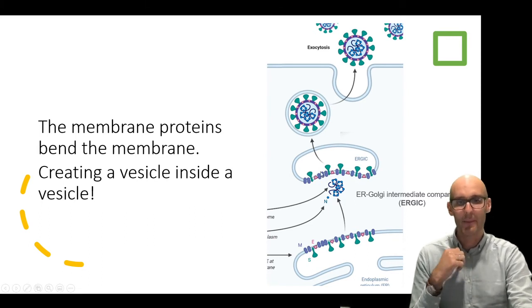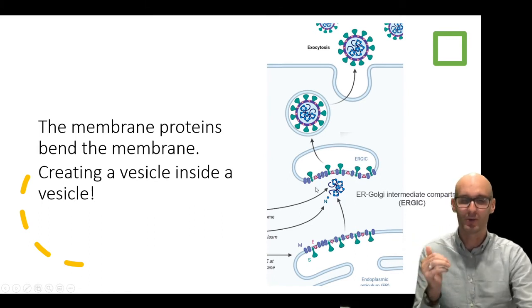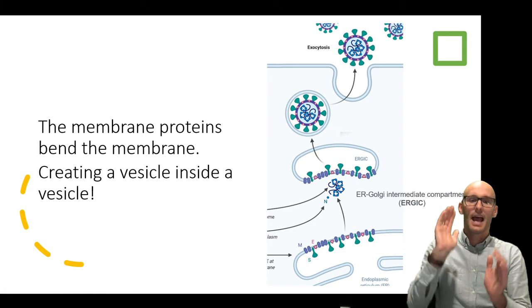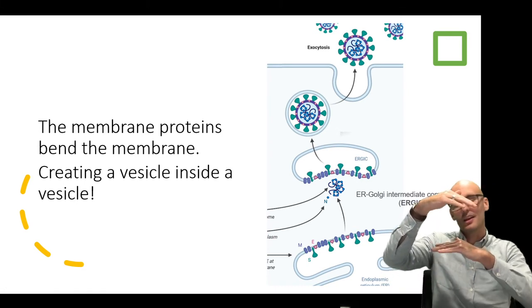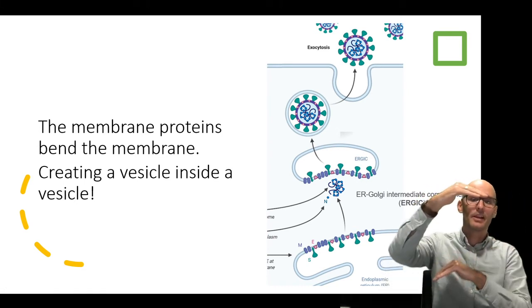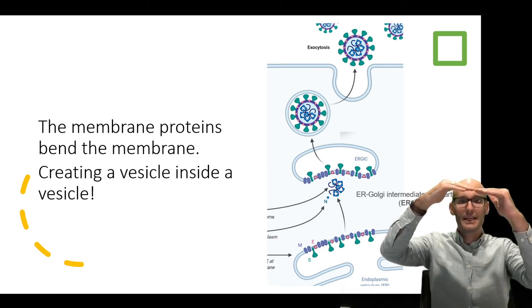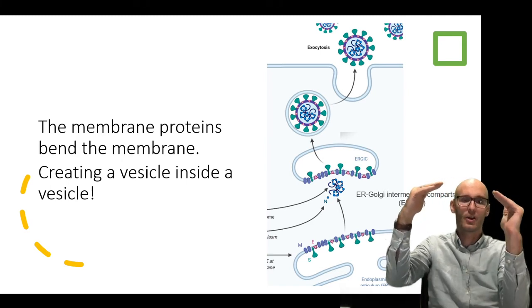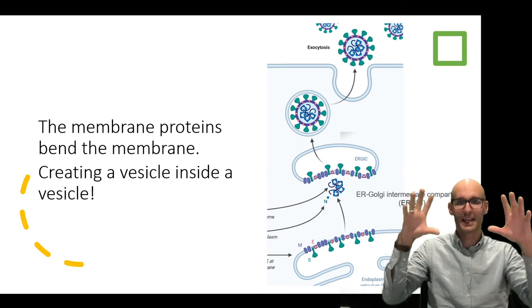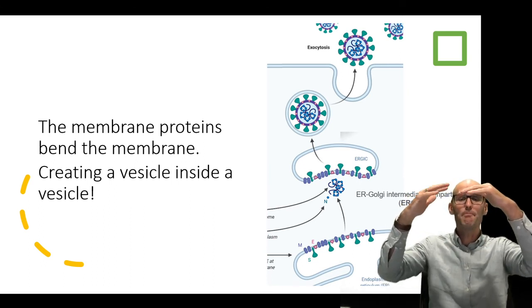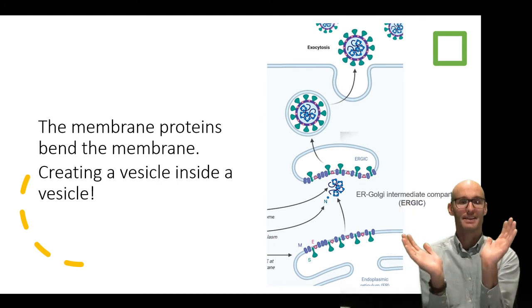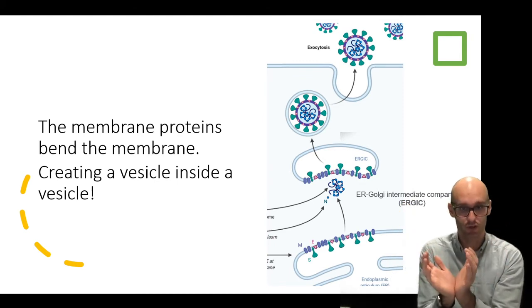Now, what's going to happen, and this is actually super, super cool, the proteins are bound in the membrane, and you can imagine, this is a little bit simplistic, but you can imagine they have almost a curved structure while they're in the membrane. And if we end up with these proteins with loads and loads of curved structures embedded in the membrane, they actually bend the membrane round until it forms a full circle.